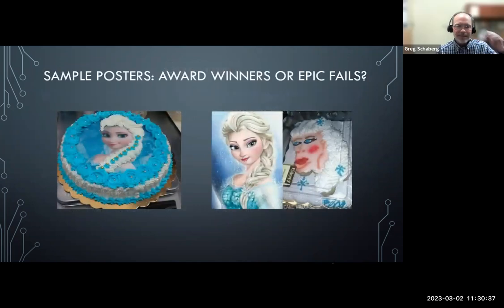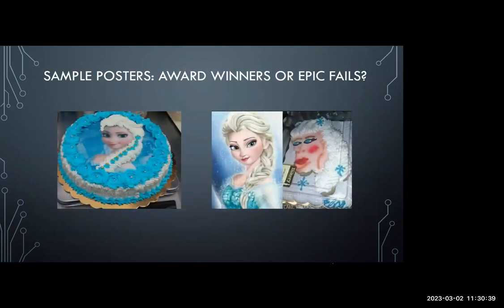Okay. All right. So, everyone, now we have come to the activity portion of the workshop. What we're going to do is take a look at various posters, and what we want you to do is help us evaluate each poster based on the information presented in this workshop.